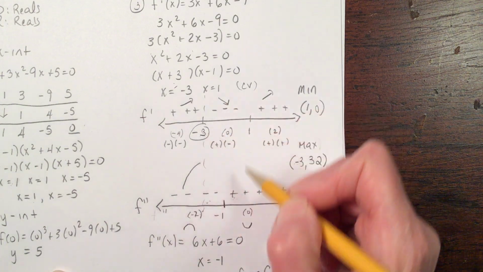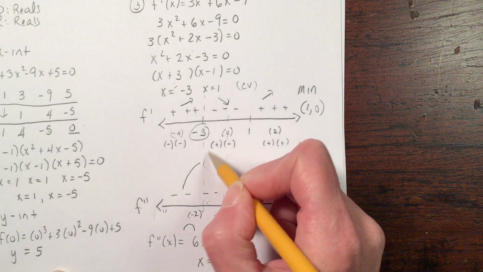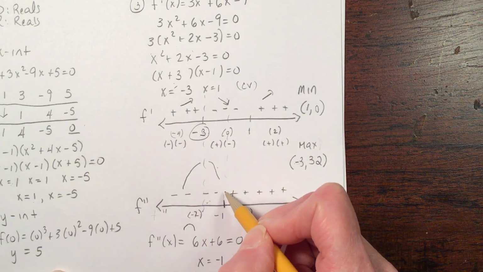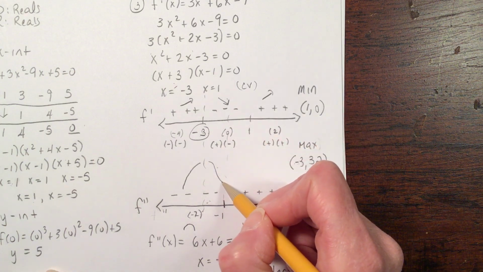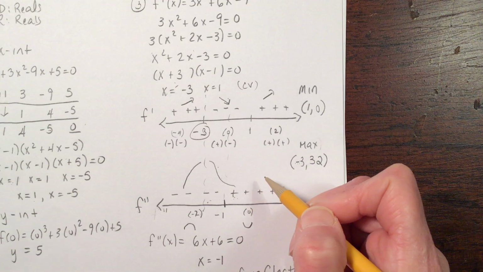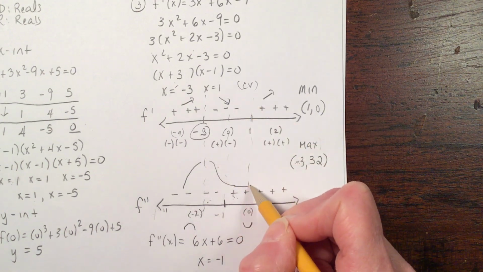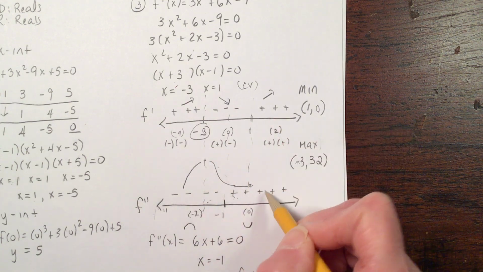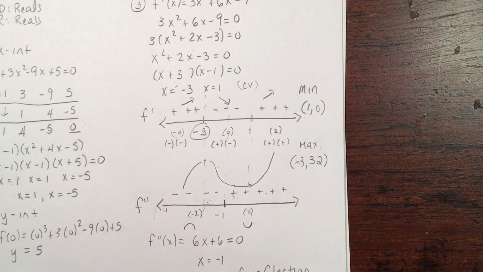From -3 to -1, it's decreasing and concave down. At -1, it's going to be decreasing and concave up. So see how the shape of the curve is going to change. At 1, I'm going to have my minimum value, and then my curve is going to be increasing and concave up for the remainder of the domain.